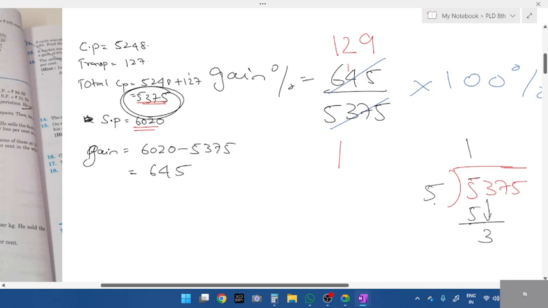Only one number. Do you think 5 is divisible by 3? No, 5 is lesser than 3, right? So in order to get the next number, you have to add a 0. Do you all know this rule? Okay, in order to get the next number, you have to bring down the 0.